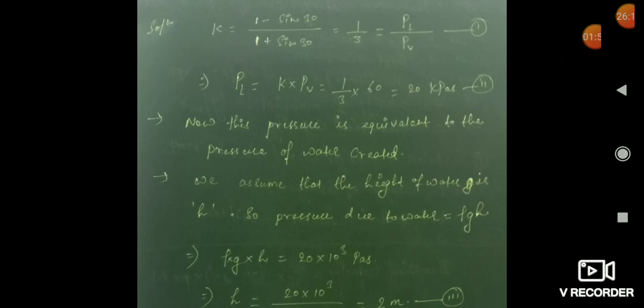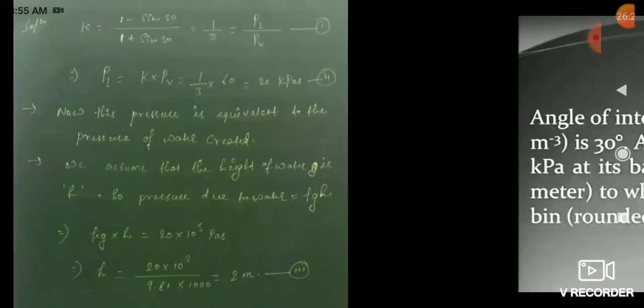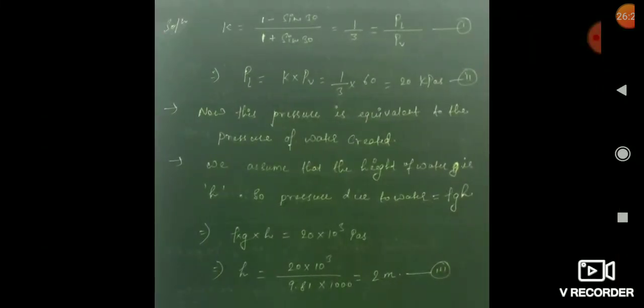Friends, here the 20 kilopascal is the lateral pressure, and in the question it is clearly mentioned that this lateral pressure is used for filling the water in the bins. Meaning up to what height the water will be filled by this pressure. So you should take this pressure as 20 kilopascal.